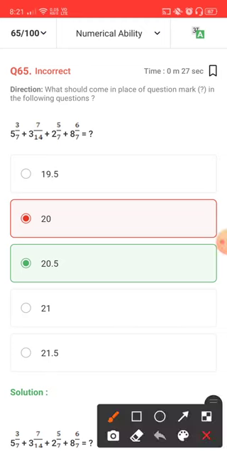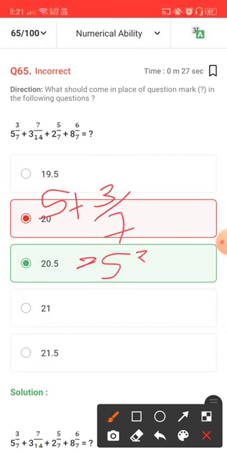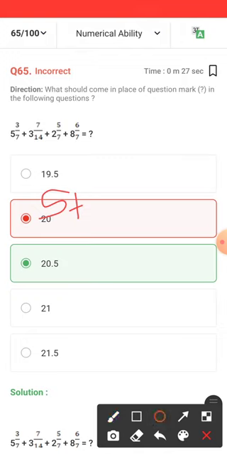Then another one. I got it wrong. So 5, 3, 8. Because we know that it's just like 5 plus 3 by 7, you need to add all the whole-number digits. 5, 3, 8, 2, 10, 8, 18.